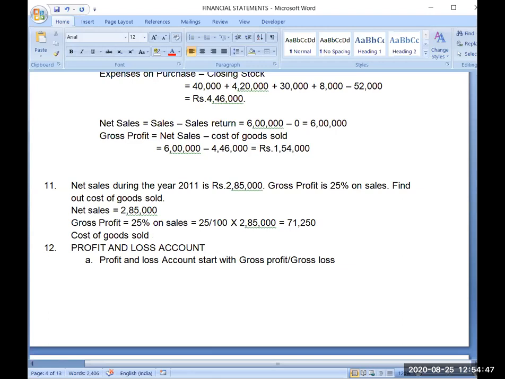So break it in simple amounts. 2,80,000 is easily divisible by 4. 4 7s are 28. So that comes 70,000. Then divide 5,000 by 4. It will come 1250. And then you can add 70,000 plus 1250. So that will be your answer. So this way you can make your calculations fast. You will save your paperwork and you will save your time also. But it will come from practice only.